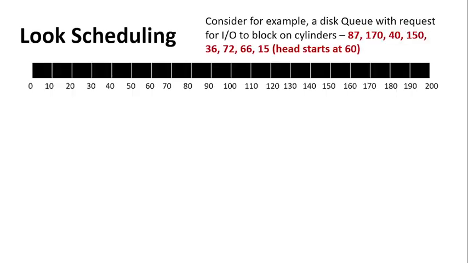Let's do it. It starts its journey at 60, and from 60 to 66, 66 to 72, 72 to 87.